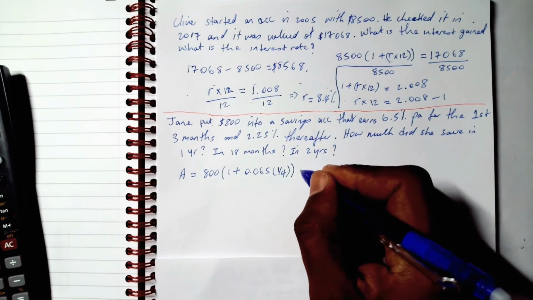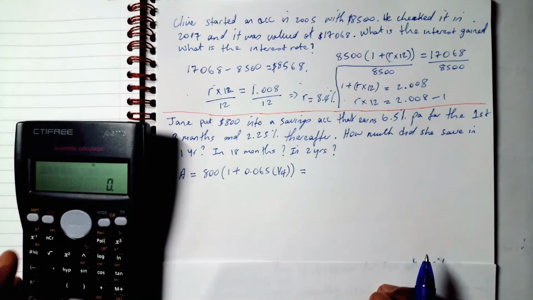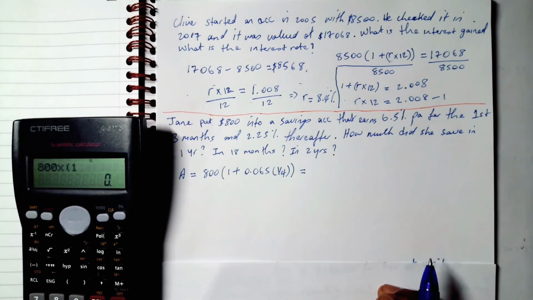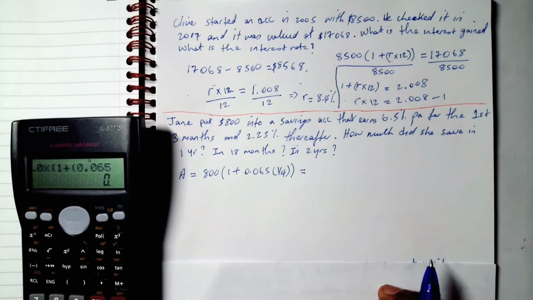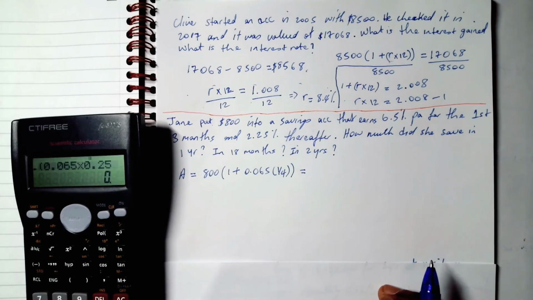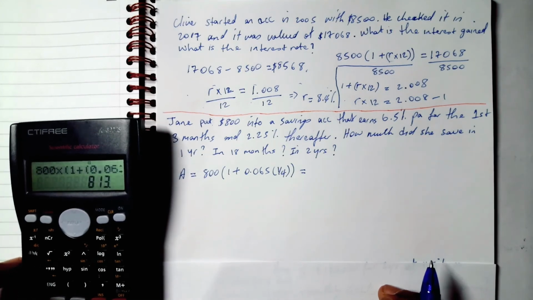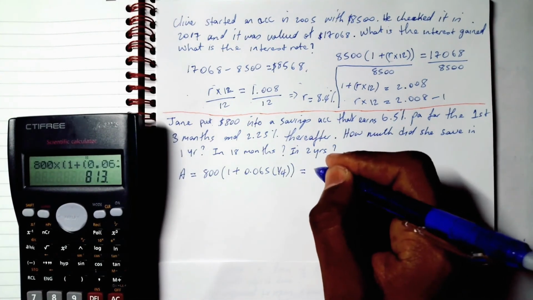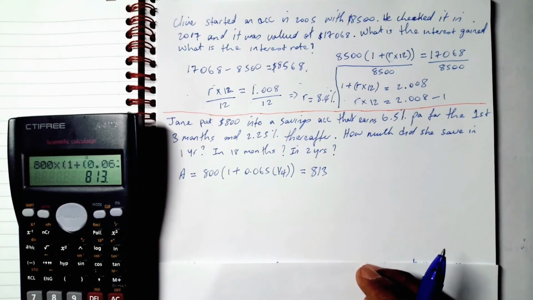Which is going to be 800 multiplied by 1 plus bracket 0.065 times 0.25. Close bracket twice. This is the amount. 813. So that's what you will get at the end of the first 3 months at the 6.5%.